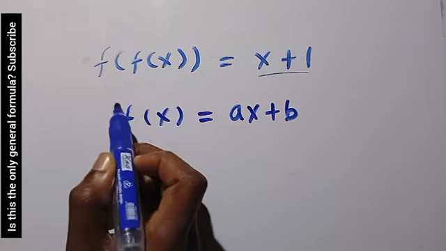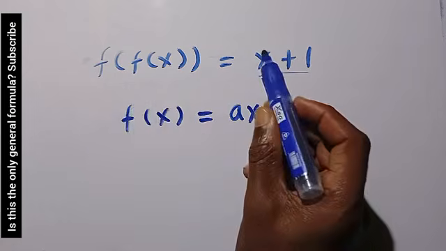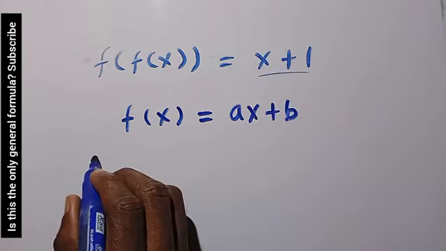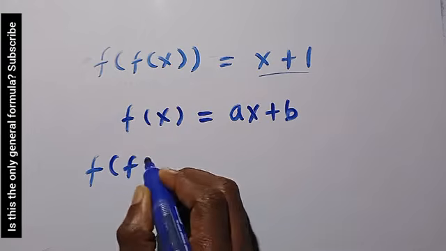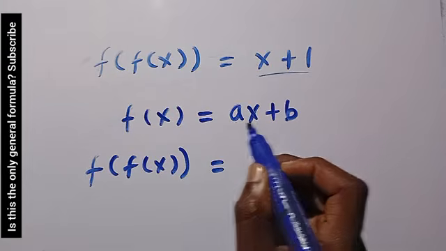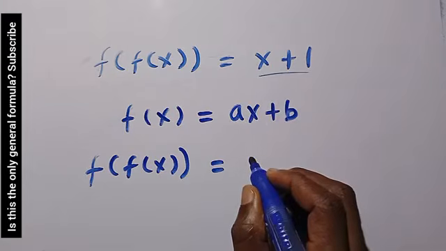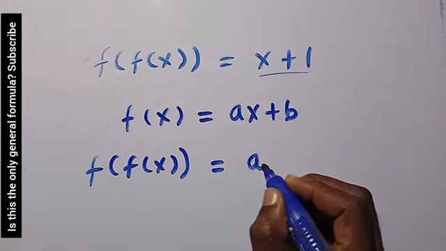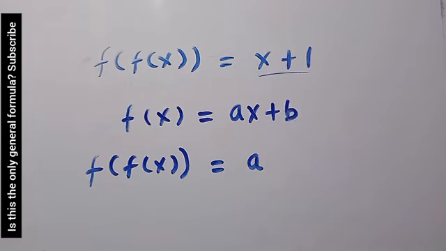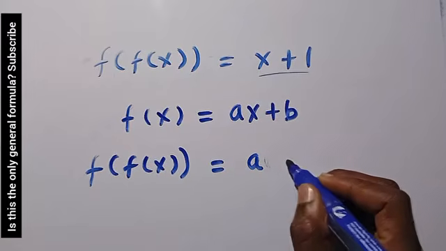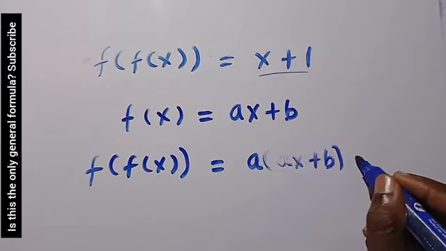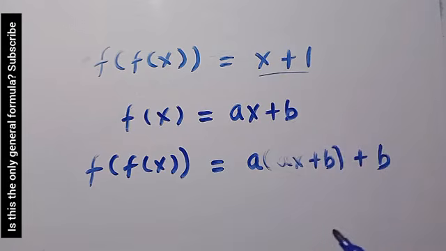Coming to this side, if I introduce f of x to this side, every single x here becomes ax plus b. So therefore we have f of f of x, replacing every single x here with ax plus b. So this becomes a times ax plus b, then plus b.